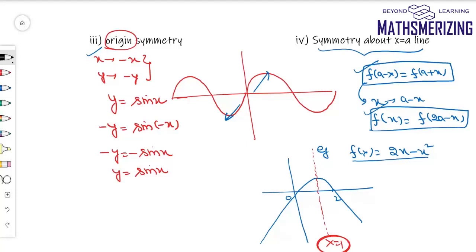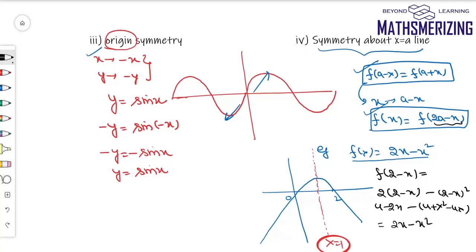So if I find f(2a minus x), which in this case will be f(2 minus x), I'll get 2x minus x square, which is the same as f(x). So from here also I can say this graph will be symmetric about the x equals 1 line.